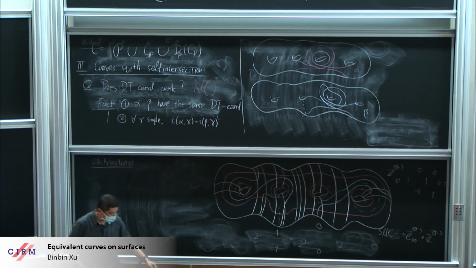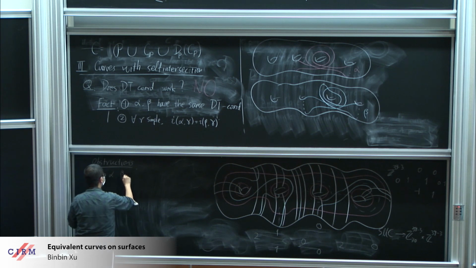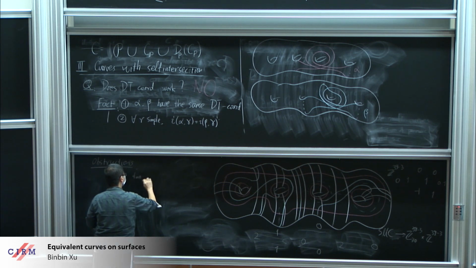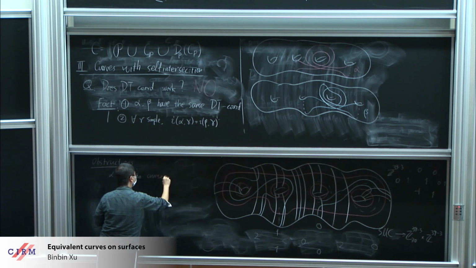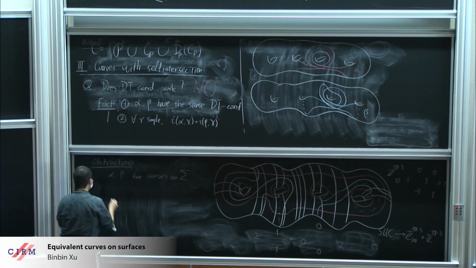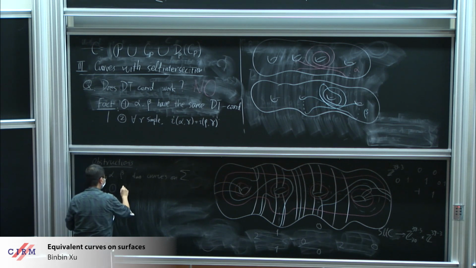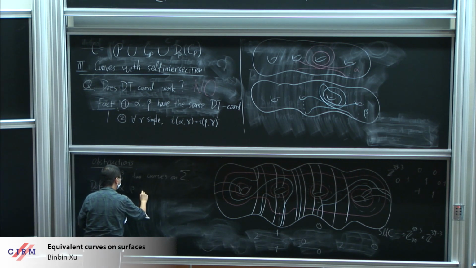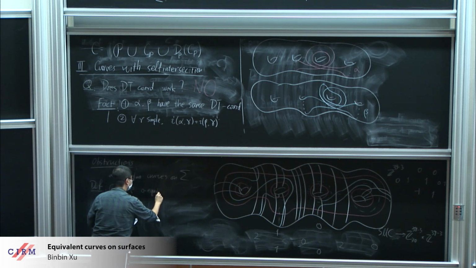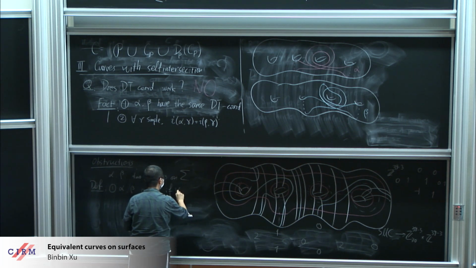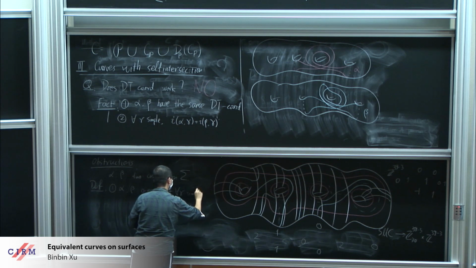We will give them a name. So let alpha and beta be two curves on sigma, and we say alpha and beta are zero equivalent if for any simple curve gamma, we have I(alpha, gamma) equals I(beta, gamma).